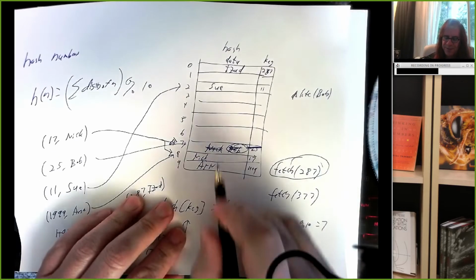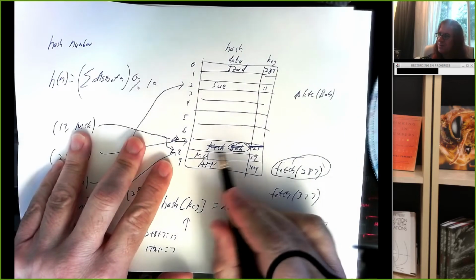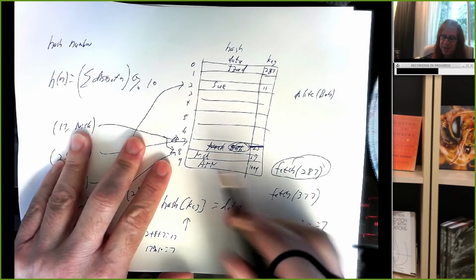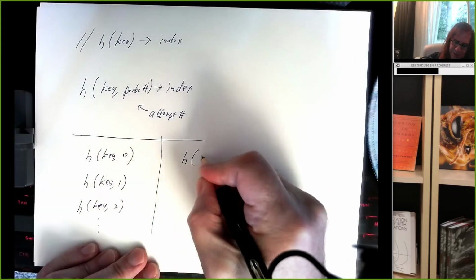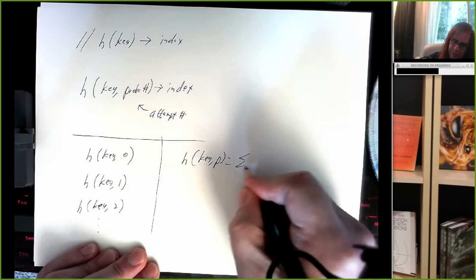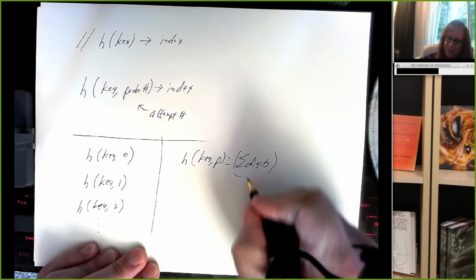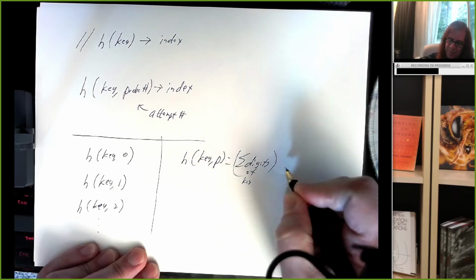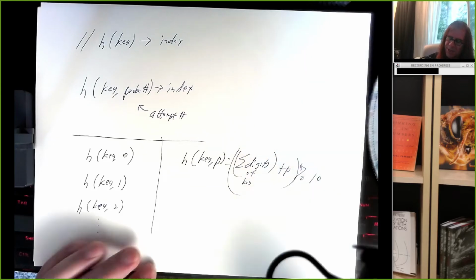So this version of probing we were doing, where we said let's store the data in the next available spot, looks like this. Add up the digits of the key, and then add the probe number, and then we reduce that modulo 10.